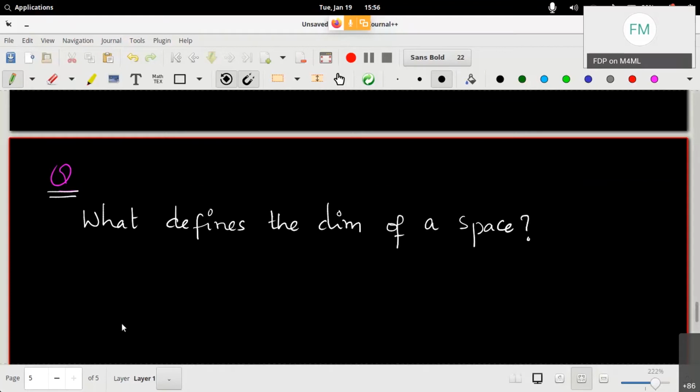Previous speakers have already talked about dimensions, but I just want to give you a crisp and very easy way to remember: we are trying to find a set of independent vectors.